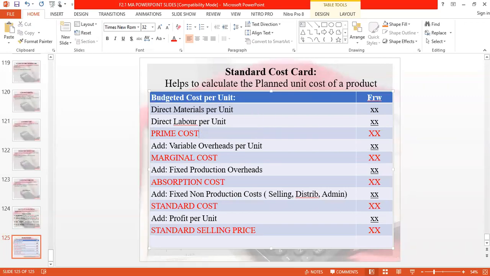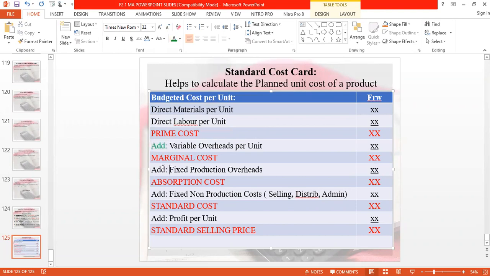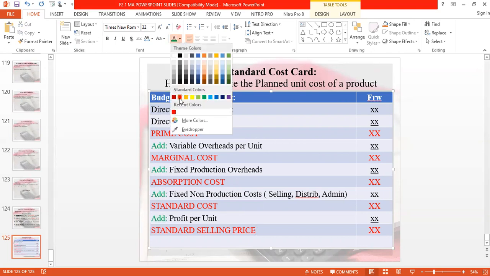So prime cost. How do you get prime cost? You add direct labor and direct materials to give you prime, then add variable. Here you add fixed production, here you add fixed non-production, and finally there you add that.